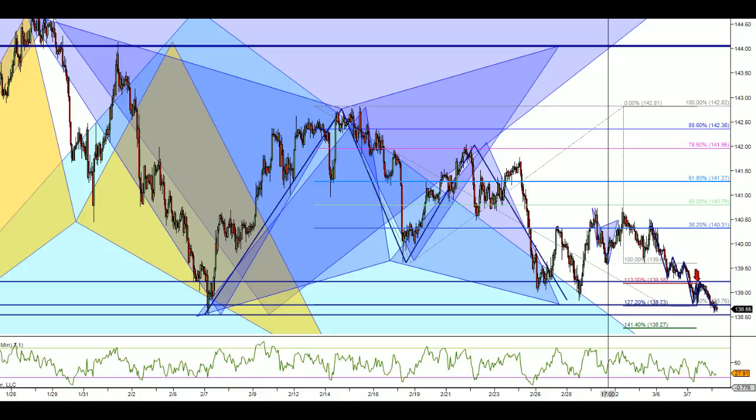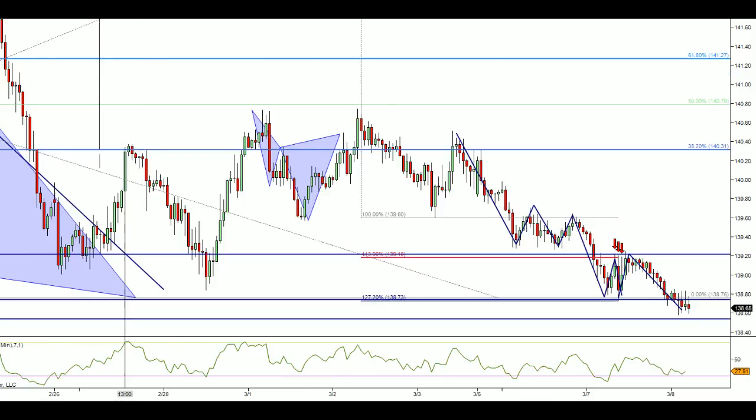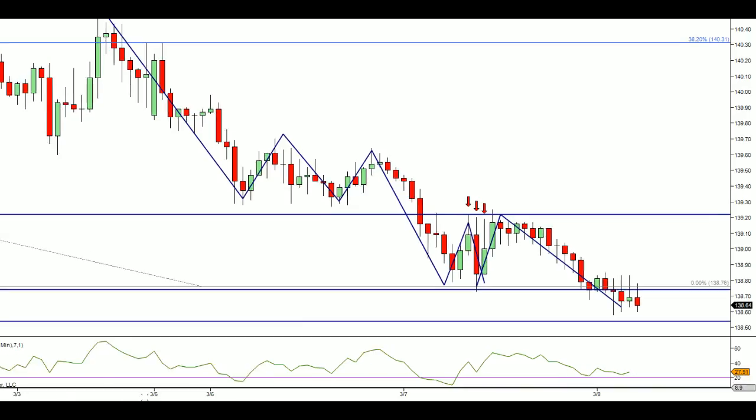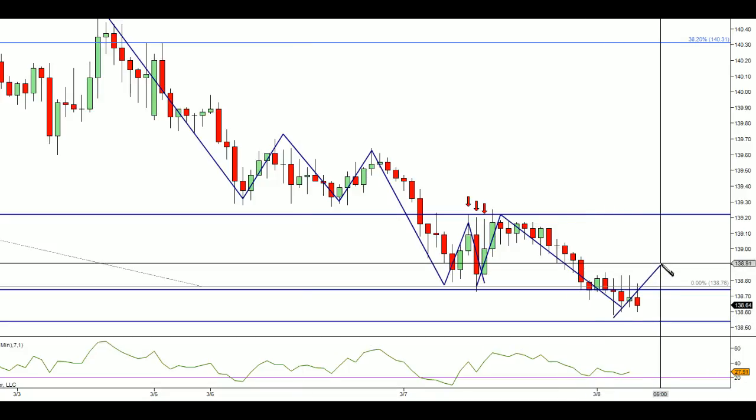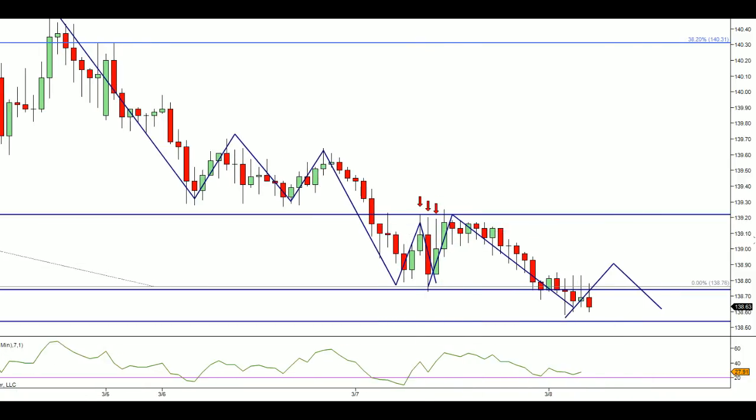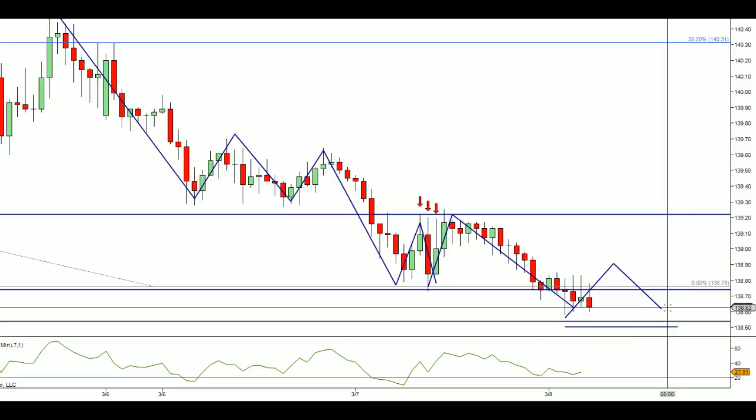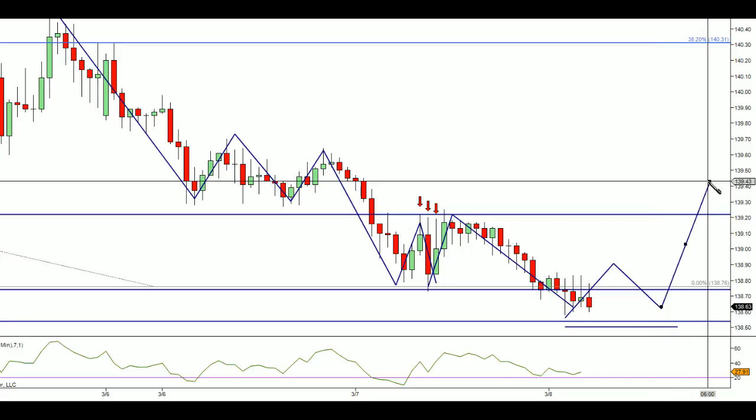And if it does, maybe it'll give me another reason to get involved. Because if I get a double bottom, if it puts in something like this that looks really good, and there's not a lot of wicks, and I take it, then my stop line has to go right below that, and then I can look for it to ride up.